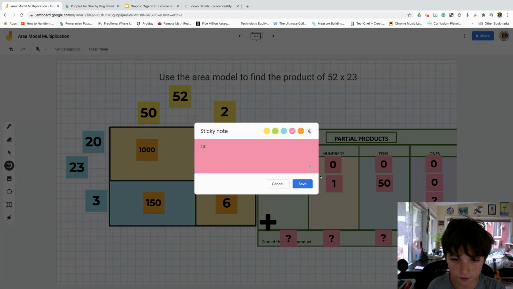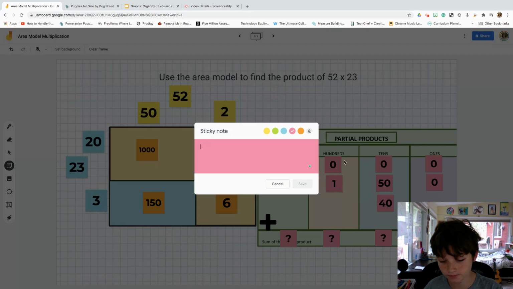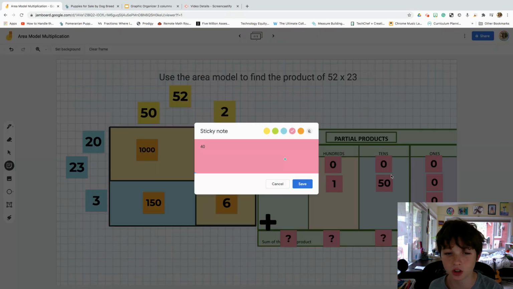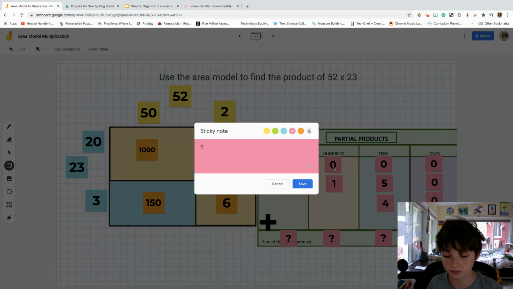Okay, so 40. Wait, actually, I think I've done this a little bit wrong. It's supposed to not have a 0 at the end. Okay, and then the 6 from right here.